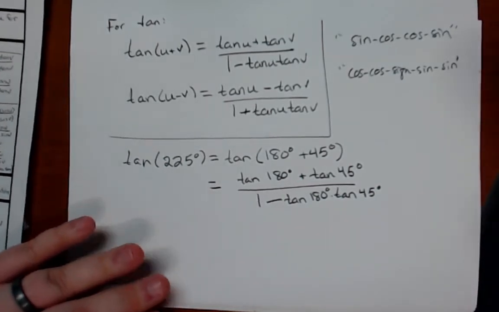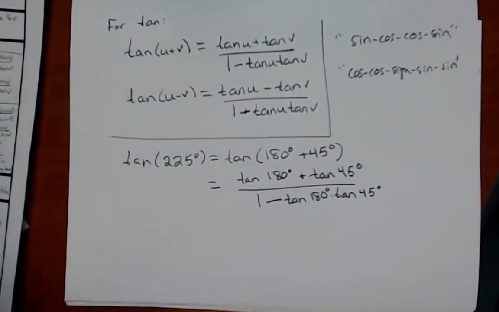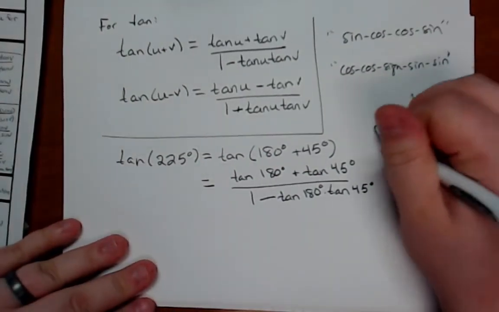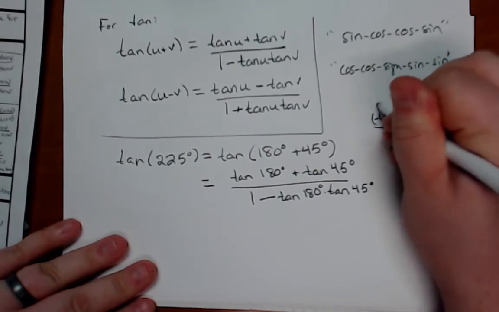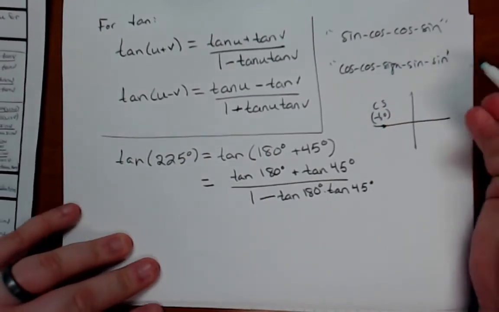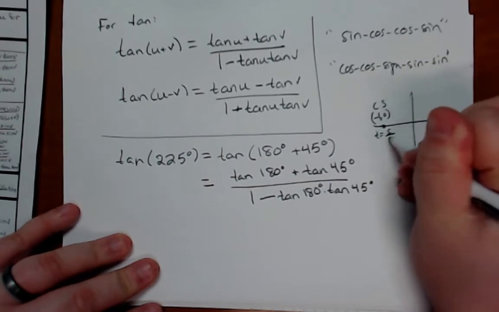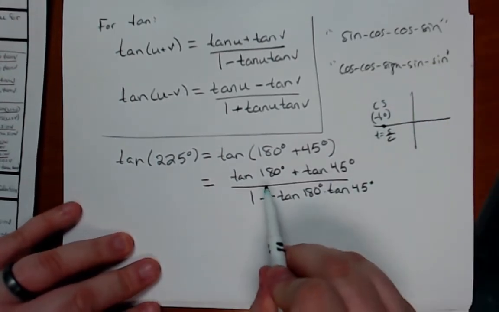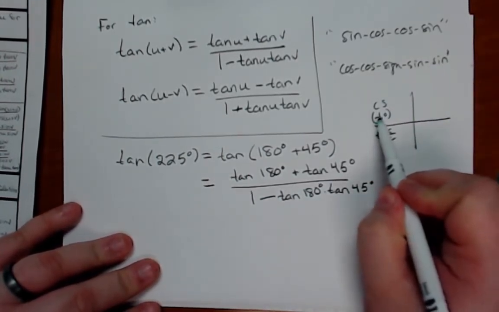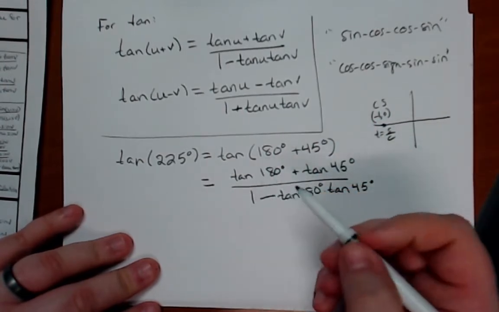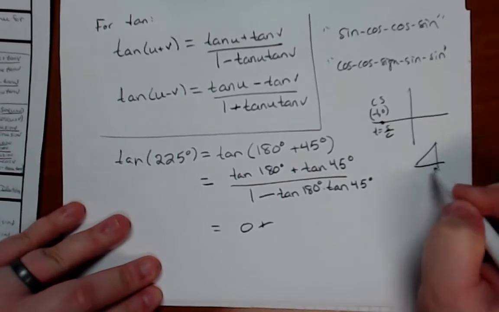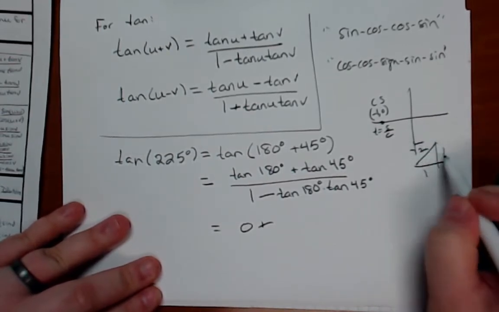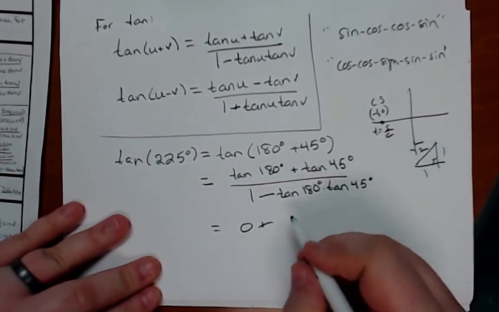And we'll go ahead and get our unit circle. 180 is over here, x is -1, y equals 0, that's cosine, sine, and tangent is sine over cosine. So tangent of 180 is 0 over -1, so tangent of 180 is 0, plus 45 is our 1 root 2, tangent opposite over adjacent, 1 over 1.